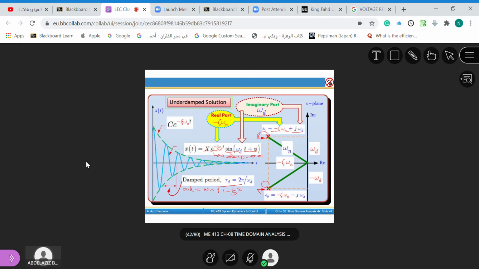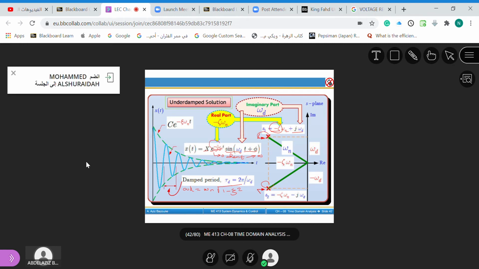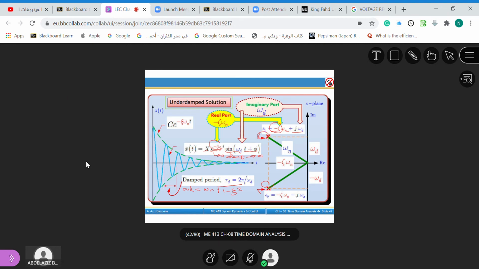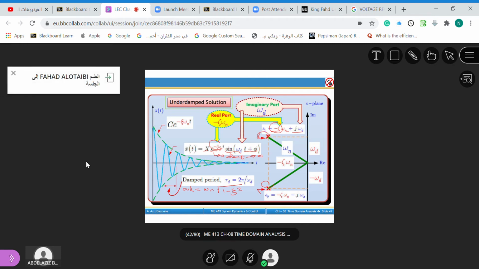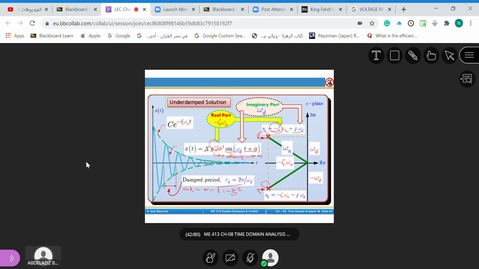The real part of the pole, minus zeta omega n, is responsible for the decaying rate. So exponential minus zeta omega n, the real part, is responsible for the decay, while the imaginary part, which is omega d, or omega n square root of 1 minus zeta squared, is responsible for the sinusoid.